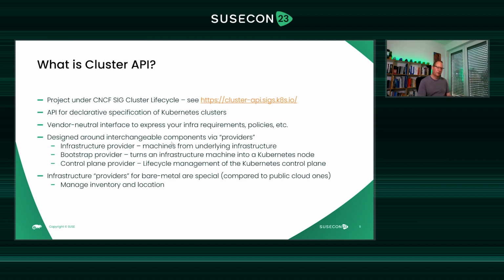So why is that important? It's because infrastructure providers for bare metal, like the one we're talking about here today, are a little bit special. Because if you think about the concept of an infrastructure provider for a public cloud, for all intents and purposes it has infinitely many machines and resources. You rarely end up with the Amazon API telling you, sorry, I don't have any machines available anymore.